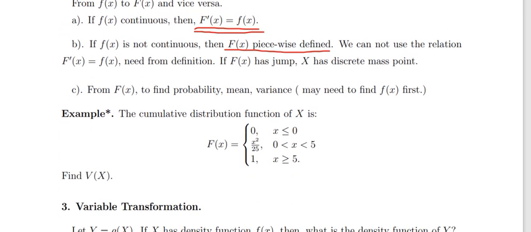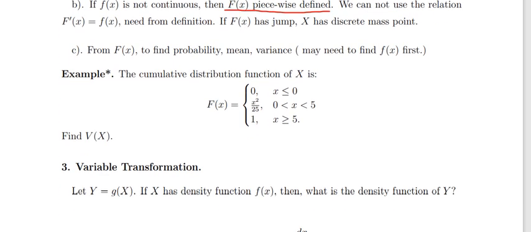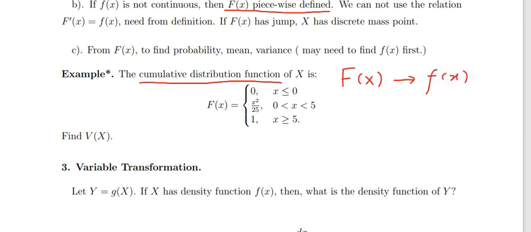Okay. So let's say such a problem, where we go from the cumulative function to the density function. So let's say from F(x) to the density function. If this is continuous, then find the derivative. If not continuous, you should be careful.